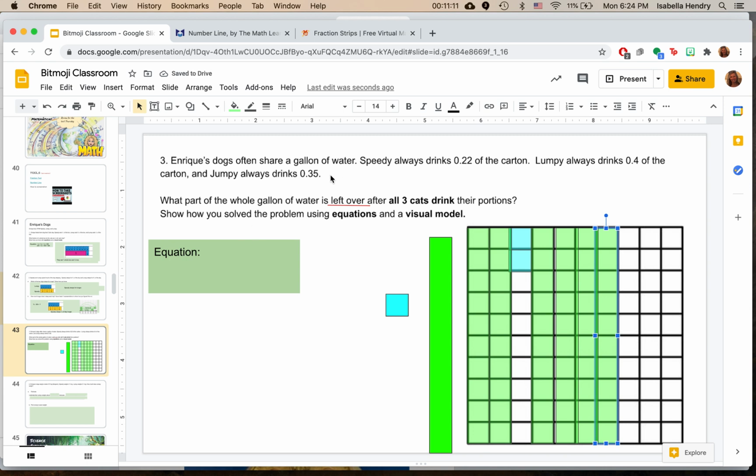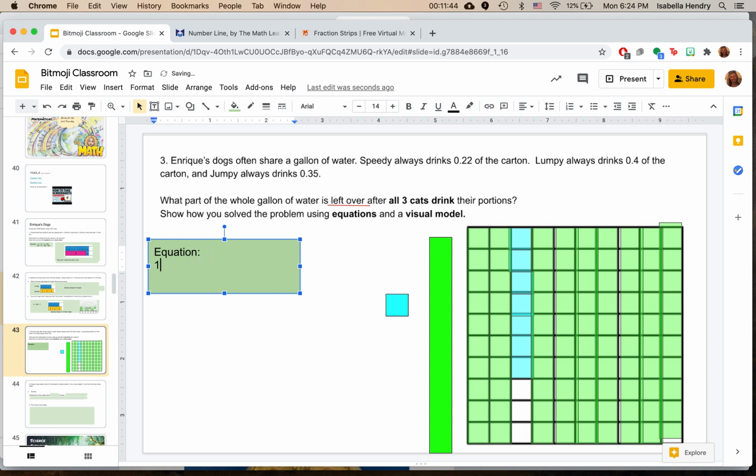And then Jumpy drinks 3/10 and 5/100. 1, 2, and 3/10. And 5/100. Now I know that the question is how much of the whole entire gallon is left over. And I see there are 3/100 left over.